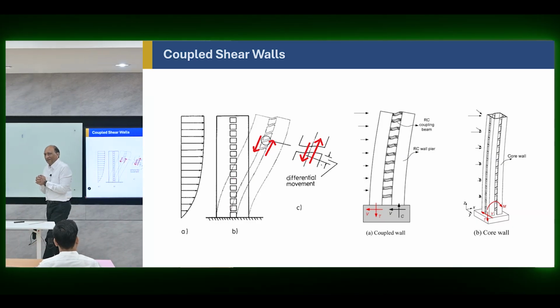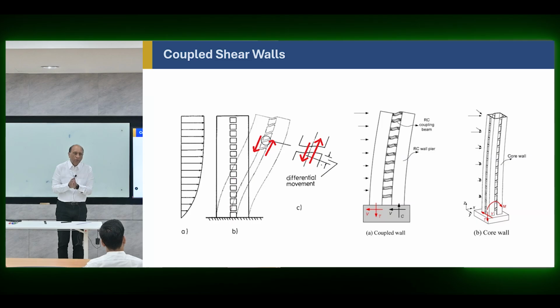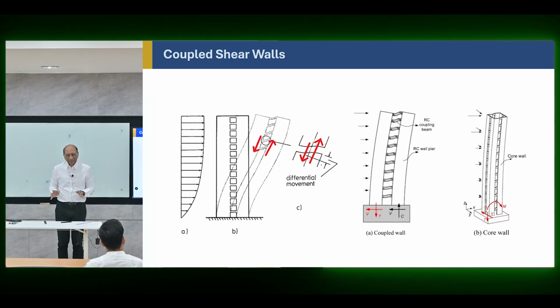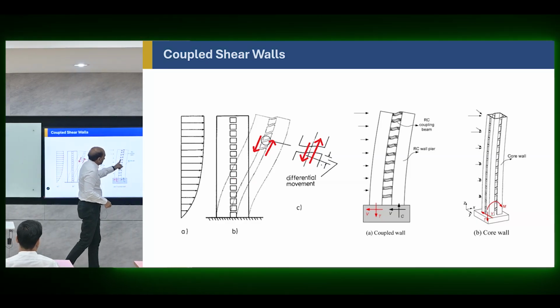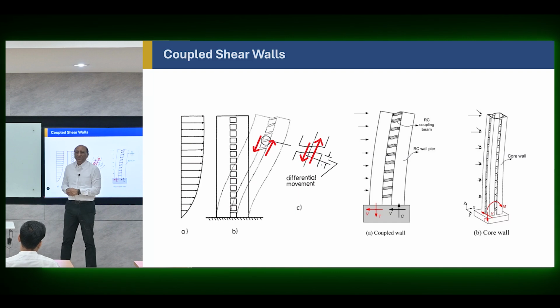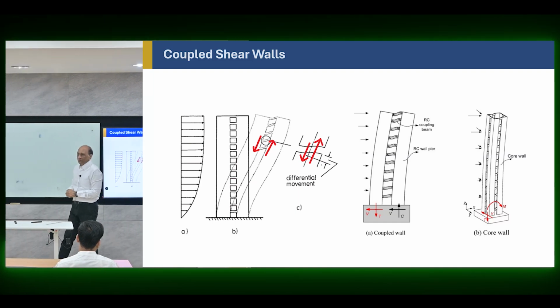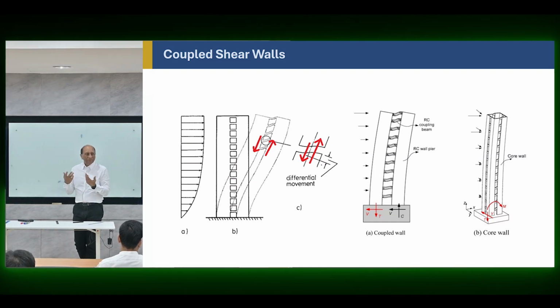So that coupling effect is the key where we use to increase the stiffness by a large number, not just adding them together. Which means that these couplers or coupling beams will become the critical part of our system. So if they fail, then the coupling effect is lost.